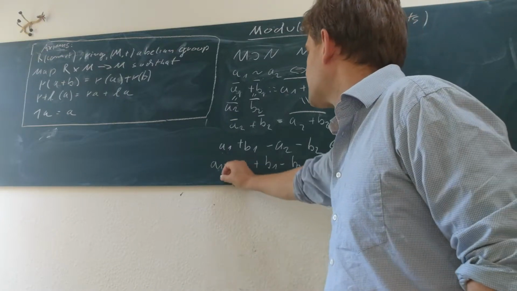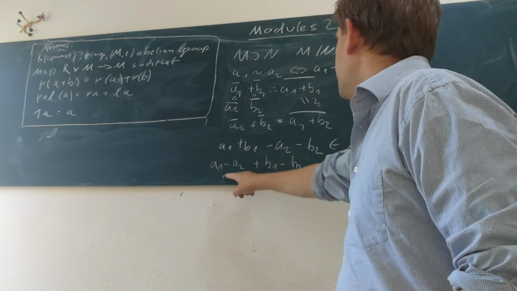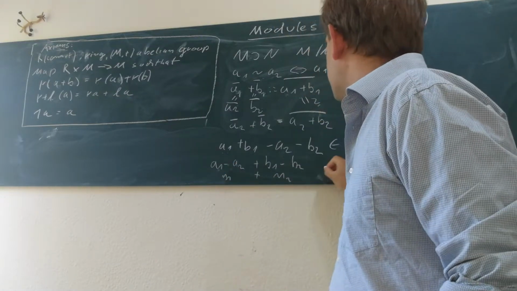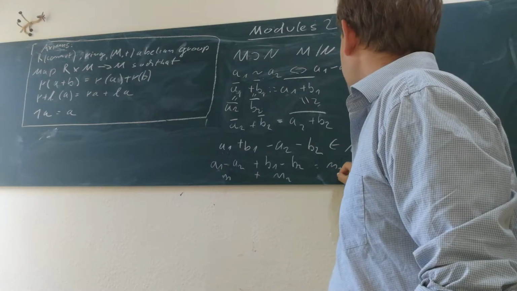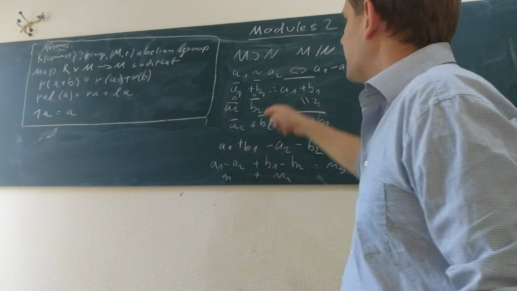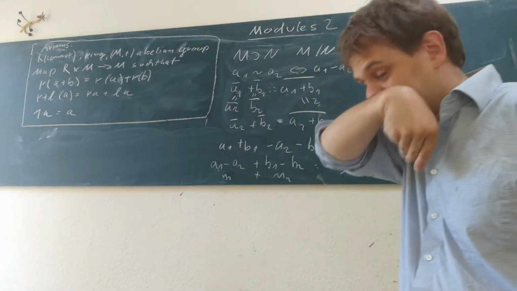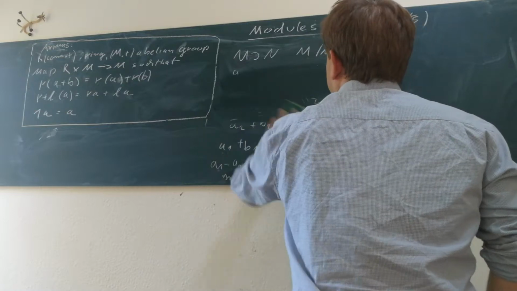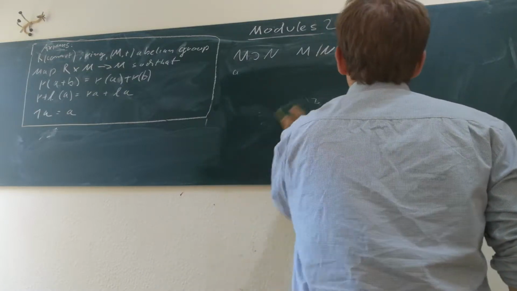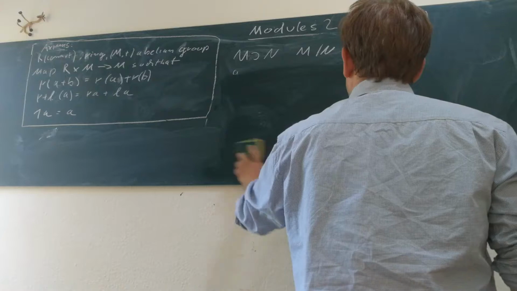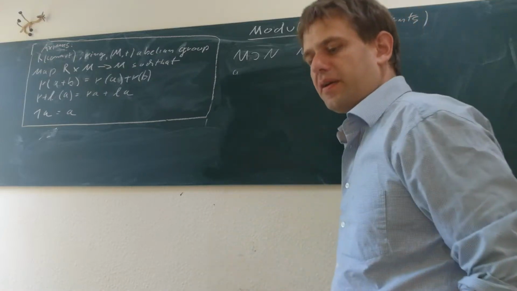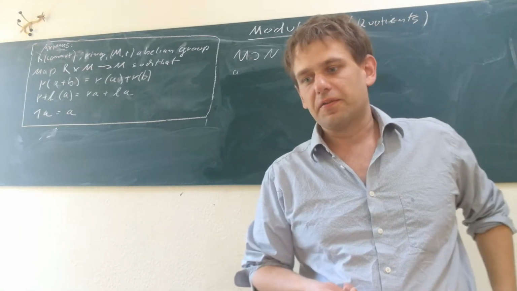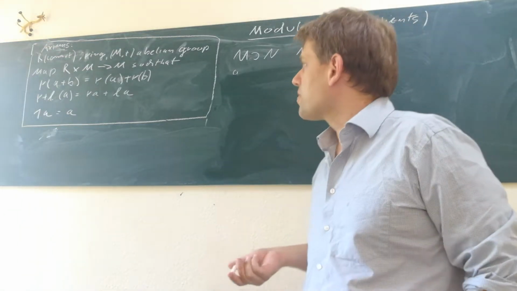So this is in N. This is another N. This is a sum of elements in N. So this is an element in N. So we see that indeed addition is well defined, and now this was just review because what we have done up to now is just pure group theory.